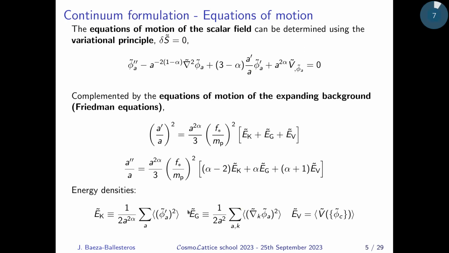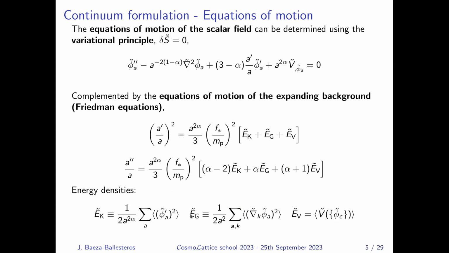So these are the energy densities that we have, and the thing is that when we put them into the lattice, the kinetic energy is related to the average kinetic term, and so it's related to this time derivative of the scalar field. And so by default, it will live at semi-integer times. We are defining the time derivatives to live at semi-integer times, and so the kinetic energy is going to be defined at semi-integer times.